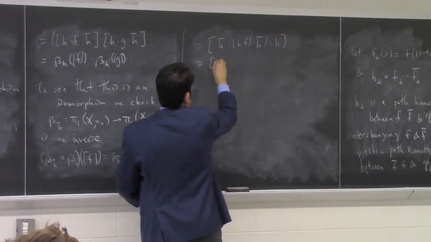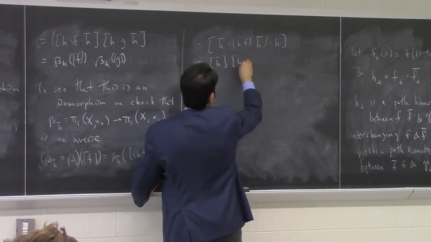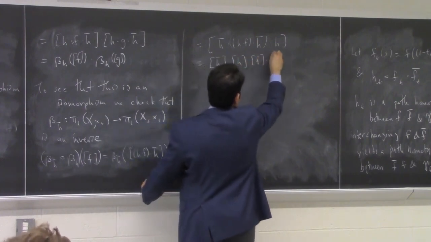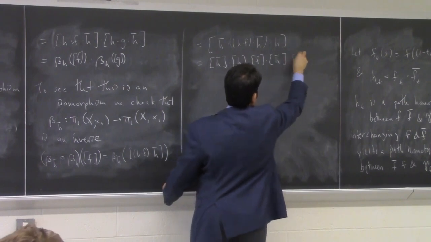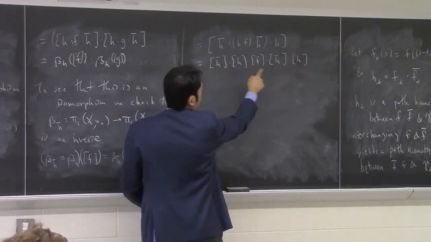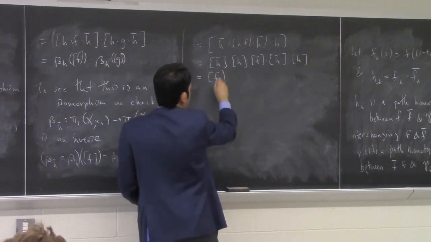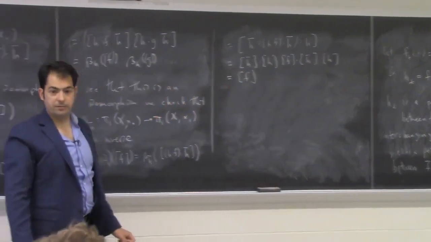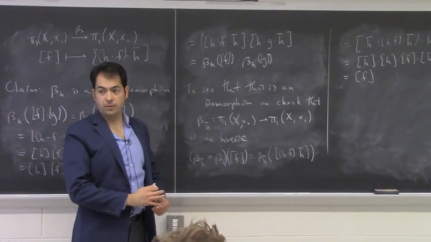And we know that this is the same homotopy class as the concatenation of the homotopy classes, and then these guys cancel, and you get f. Right?